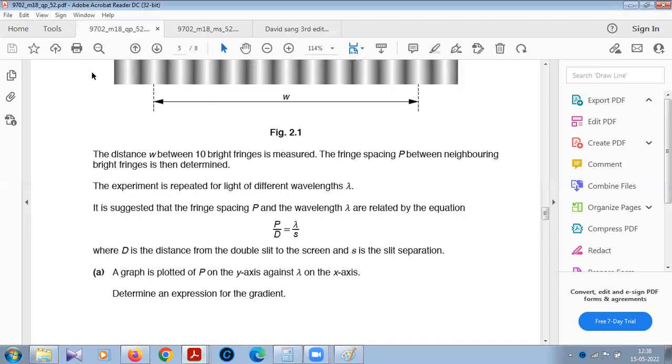So W divided by 10, what will I get? I will get the fringe width, what we call the fringe spacing. Here they are calling the fringe spacing P. So P is W by 10.